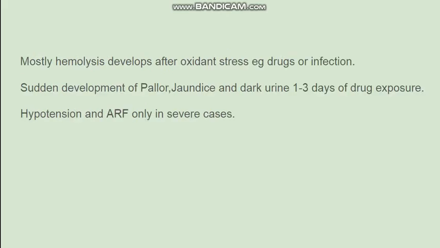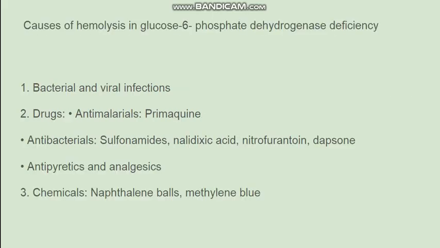Now, what is oxidant stress? There are many causes which can be classified as oxidant stress for the RBCs. There can be infections like bacterial and viral infections. There can be drugs like anti-malarial drugs, mainly primaquine is very important, antibacterials like sulfonamides, then antipyretics and analgesics.